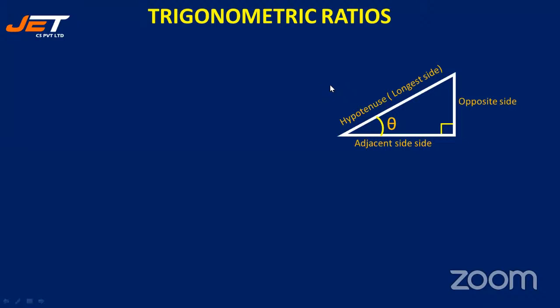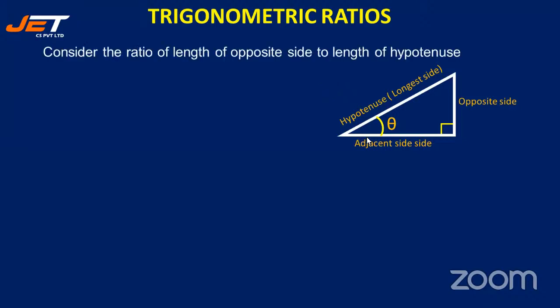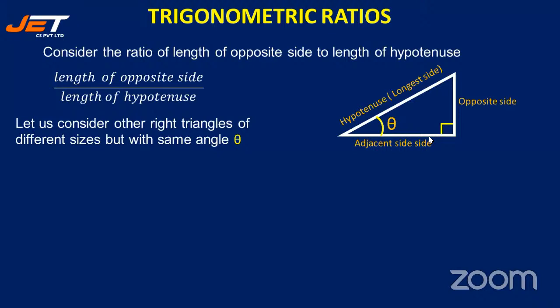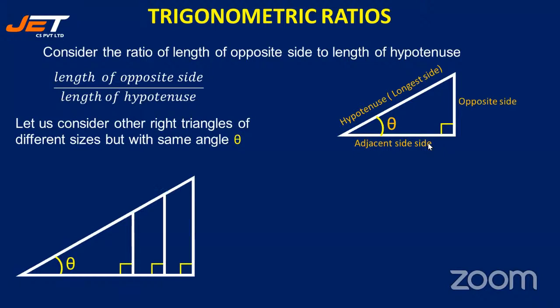Now consider the ratio of the length of the opposite side to the length of the hypotenuse. We are considering right triangles of different sizes, but with the same angle theta. See here, this is one triangle, this is another triangle, and finally this is another triangle.